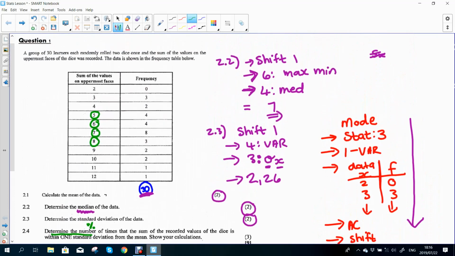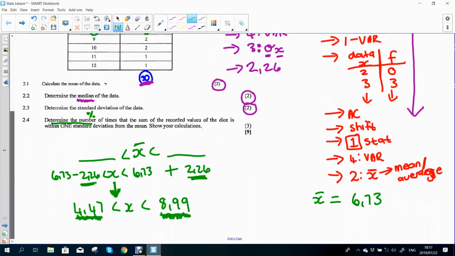Now, how many of them do I have? Well, I have 4 5s, so that's 4, plus 4 6s, so that's 8, plus another 8 7s, so that's 16, plus another 3. Okay, 17, 18, 19. That means, let's just answer the question.